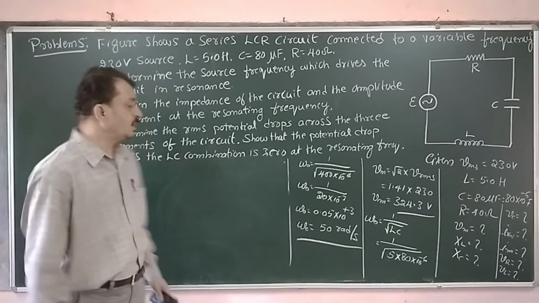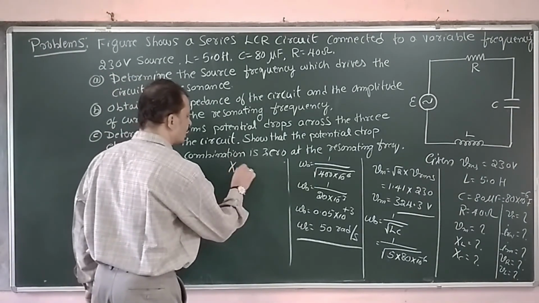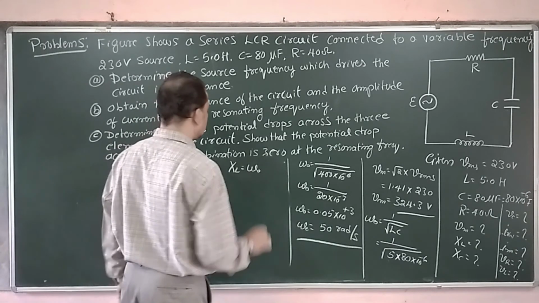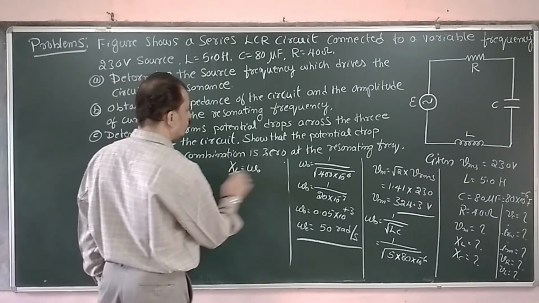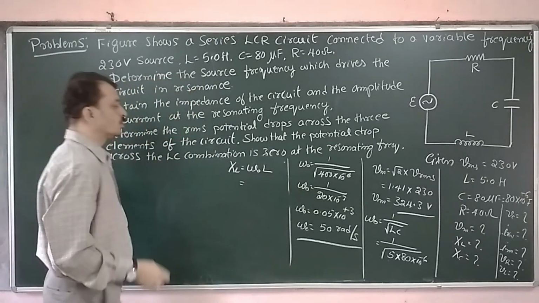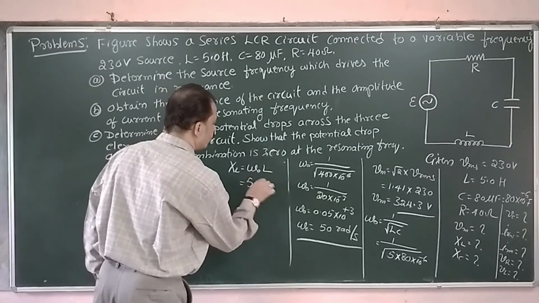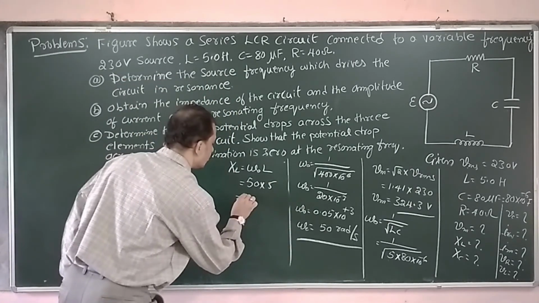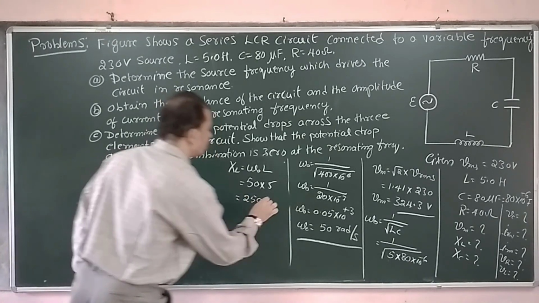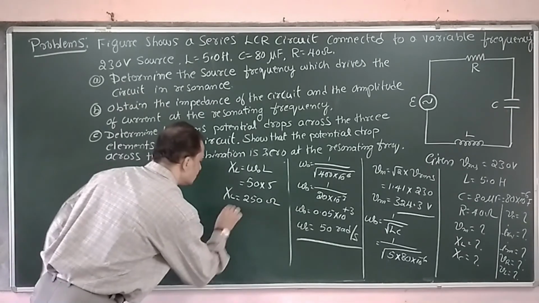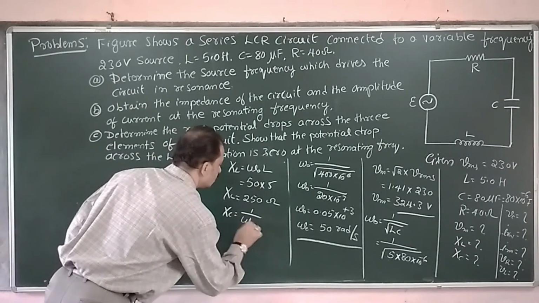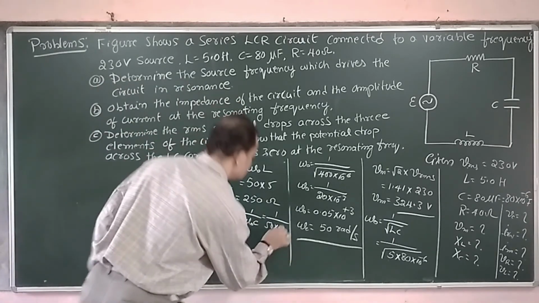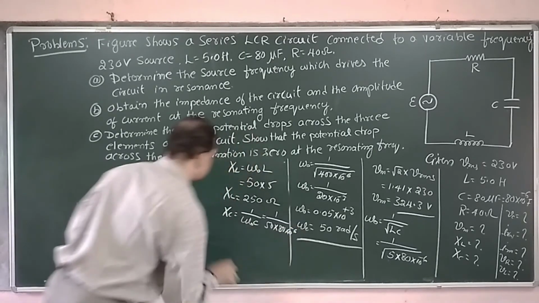Now we will work out the inductive reactance and capacitive reactance. Inductive reactance is omega naught into L. Therefore, omega naught we have just calculated, 50 into L is 5. Therefore, 250 ohms. Similarly, Xc is equal to 1 upon omega naught C, 1 upon 50 into C is 80 into 10 to the power of minus 6.